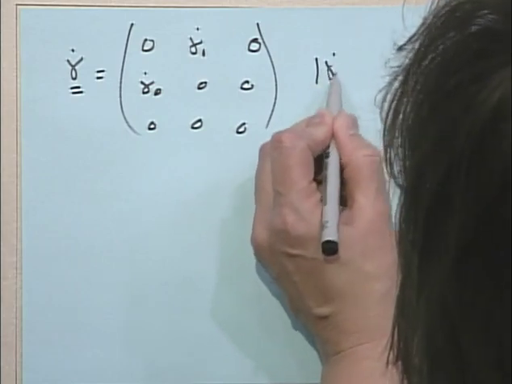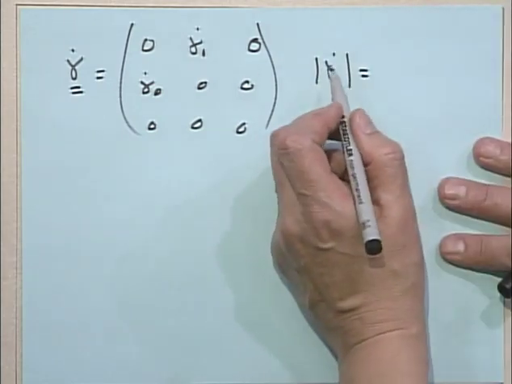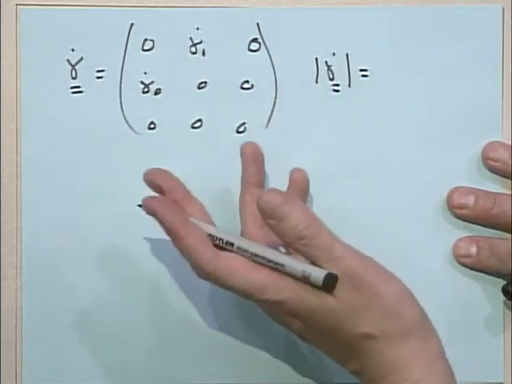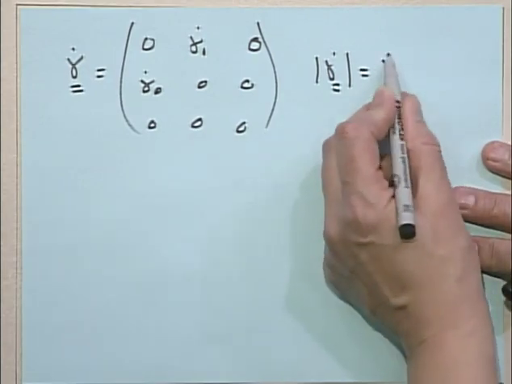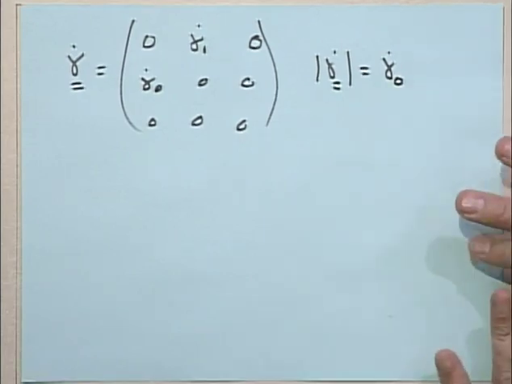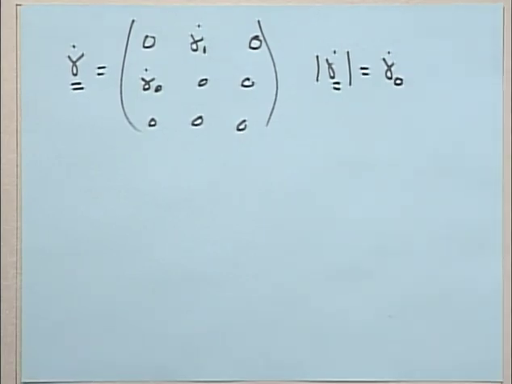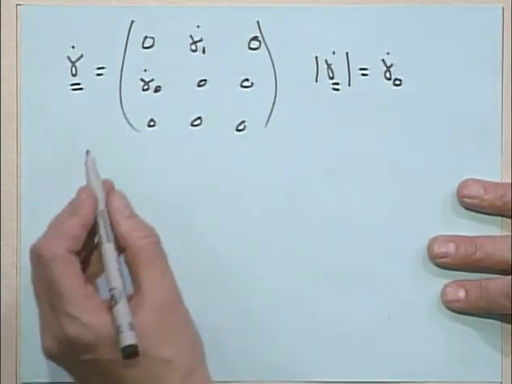Right, the magnitude of that is the square root of gamma dot double dot, and we've done it before, it comes out to gamma dot naught. That's why I said you don't need to do all that math, because we've done it before, and I presume that we could just write it down. If you want, you could go through and do all the math just for confidence, but the idea is we've seen this a bunch, and therefore we should be good on this.